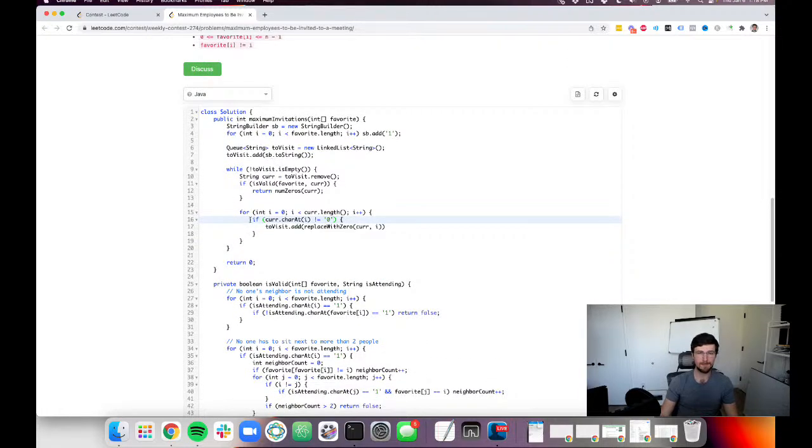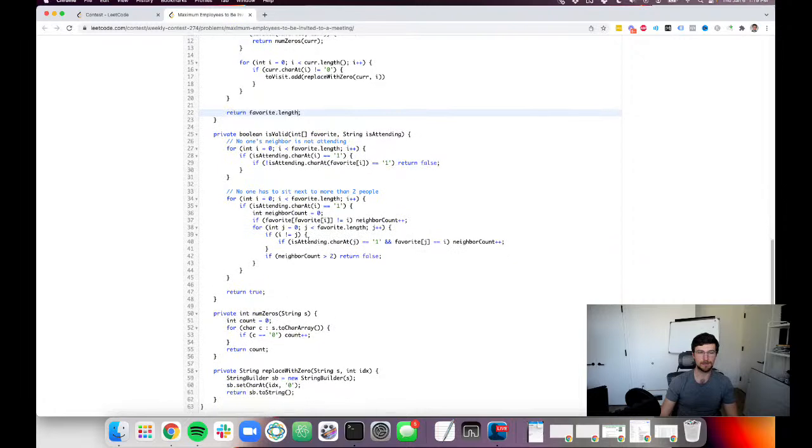So we're going to add all of those to toVisit, and then if we get to the end and we've removed everything, then really we should return. I mean, we shouldn't get to this point actually. So I'm just going to return -1 because... No, wait, that's not true. We could get to this point where we have to remove all of them. So return favorite.length, right? Now that's basically what we end up with here.